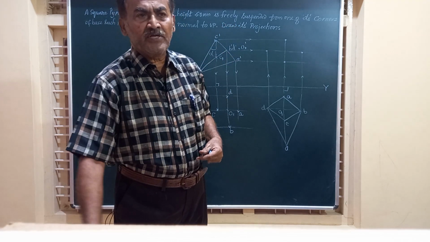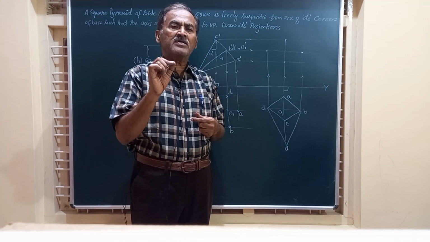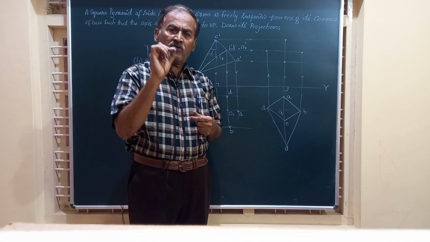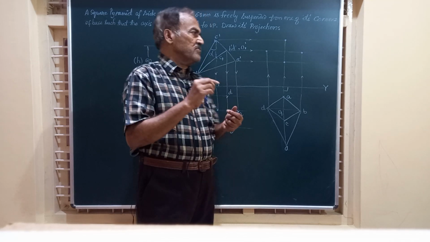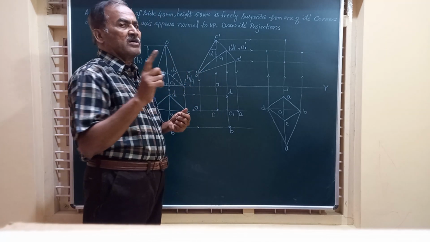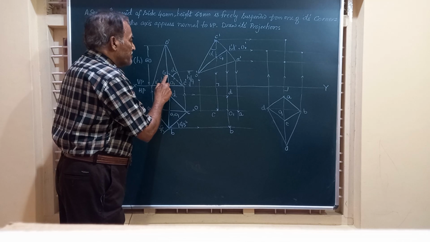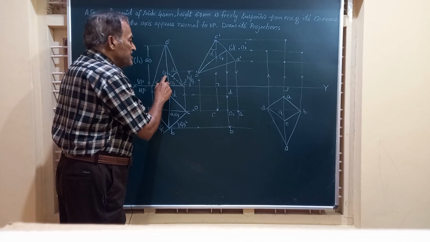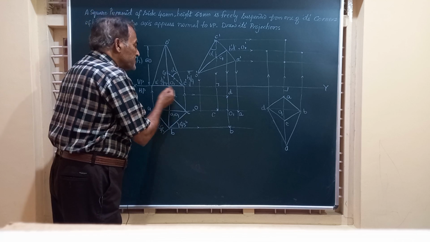For all the pyramids and the cones, we have to locate the center of gravity, that is the CG of the solid. Remember, for the pyramids and for the cones, the CG, which is represented by G, is at a height of 1/4 the total height from the base.